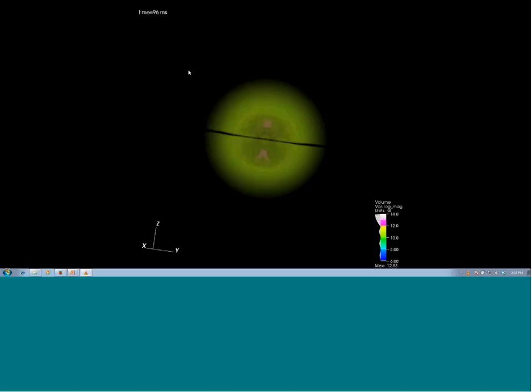Here you see a volume plot of magnetic field, where the more opaque is the stronger magnetic field, and this color here also tells you the strength of the magnetic field. We perturb this initial condition non-radially, and we start seeing that SASI is developing.